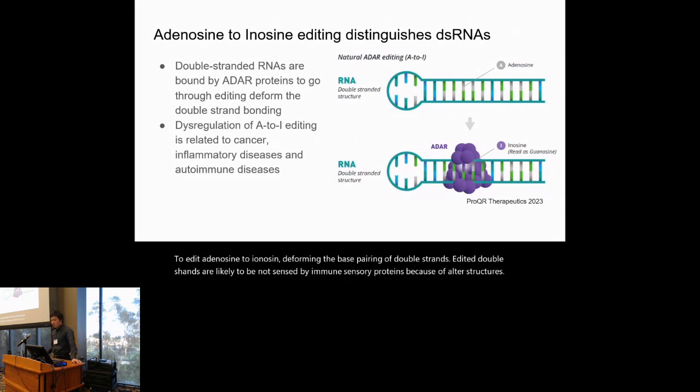And accumulating evidence suggests that the dysregulation of this process is associated with diseases such as cancer, inflammatory diseases, and autoimmune diseases. Therefore, identifying immunogenic double-stranded RNAs is an important task to advance understanding of these diseases.